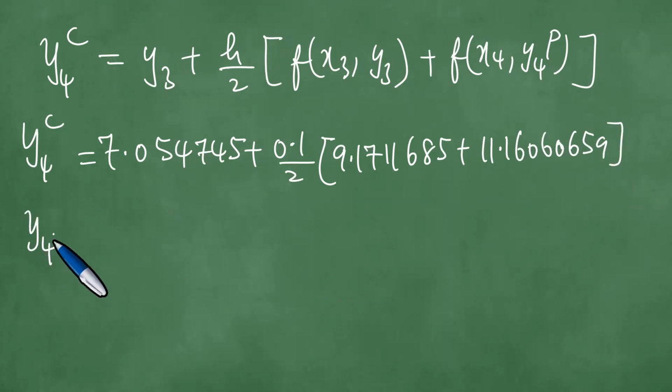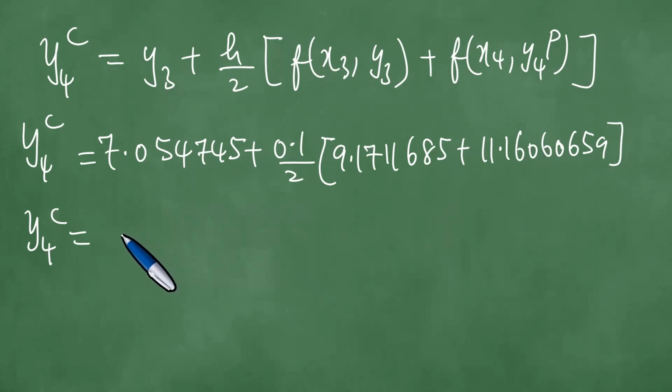So which means you have Y4C equals 7.05474 plus 0.1 divided by 2 into 9.1711685 plus 11.16060659, and then you compute.